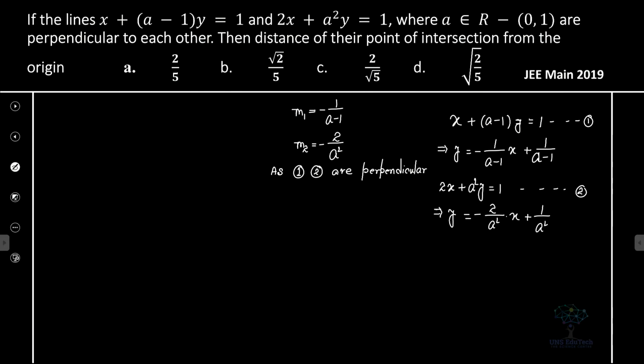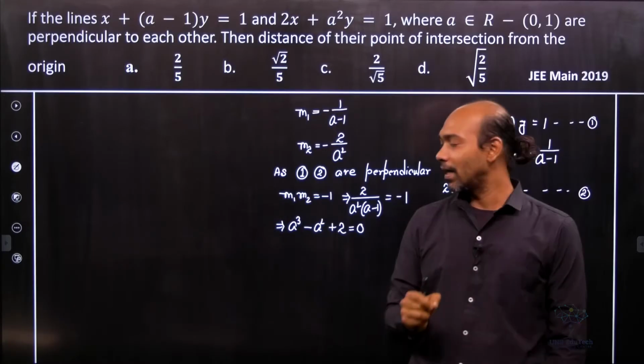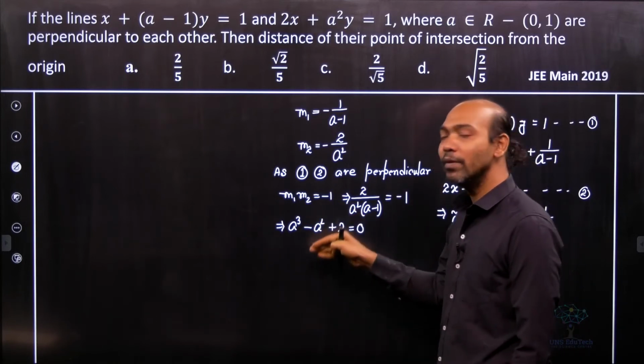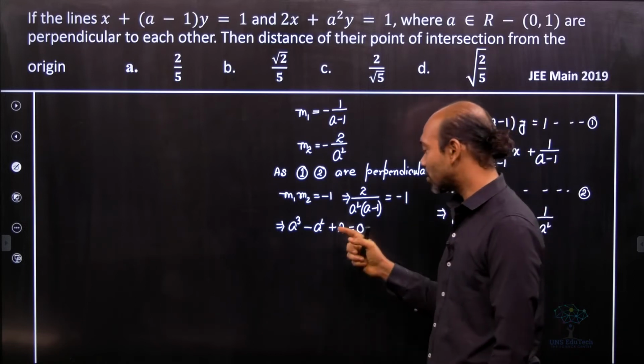So that implies 2 by a square into (a minus 1) is equal to minus 1. That implies a cube minus a square plus 2 is equal to 0. So we get a cubic equation in a. Now obviously we need to factorize it, so let's go ahead and see that.